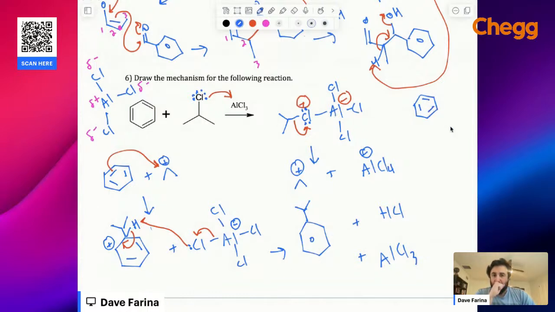These are all sp2 carbons, 120-degree bond angles, trigonal planar. Benzene is flat. Benzene is flat like a piece of paper. Even the carbon-hydrogen bonds are in the same plane as the benzene ring. Totally flat molecule.